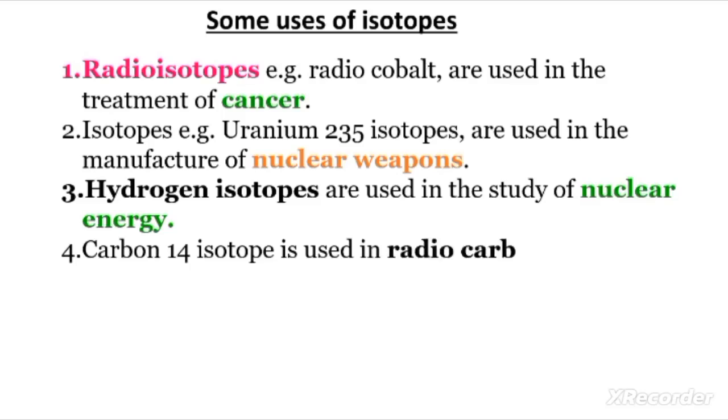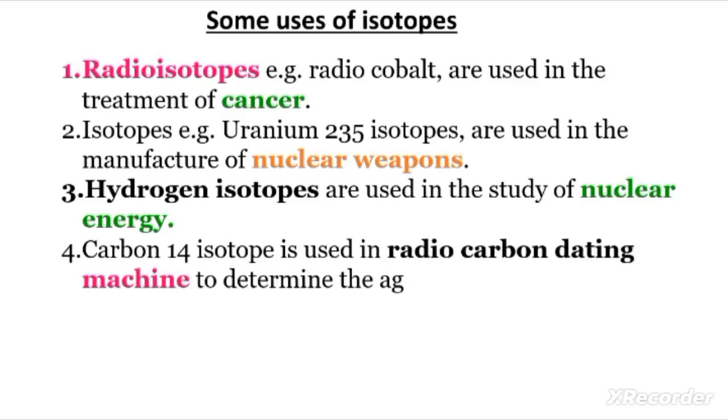The carbon-14 isotope is used in a radiocarbon dating machine to determine the age of fossils. So carbon-14 is mostly used by archaeologists who study ancient remains.